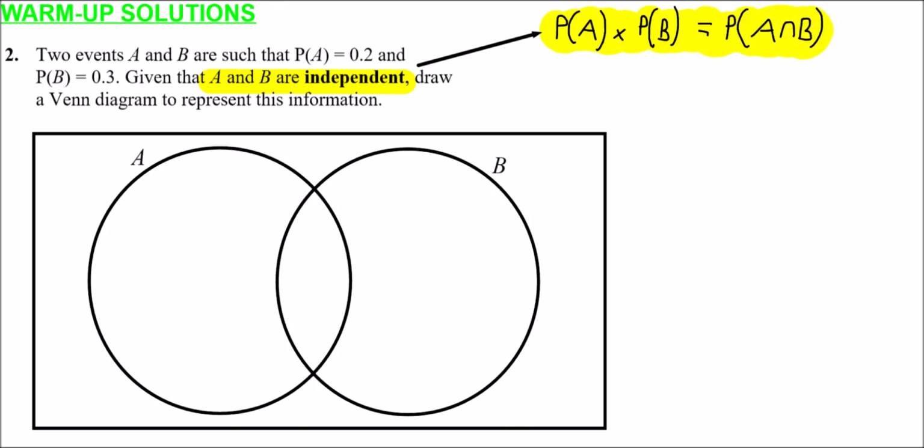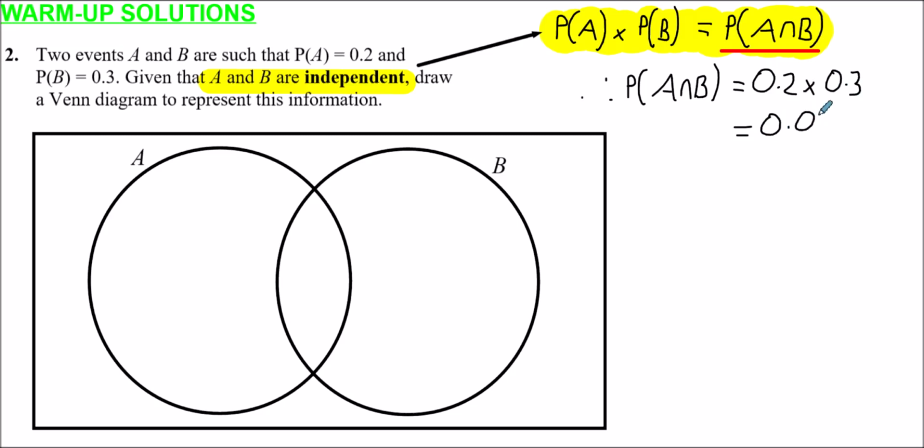So we now know the probability of being A and B combined has to be the same as P(A) times P(B). So the probability of being in the intersection of A and B, this overlapping part here, is going to be the probability of A, which is 0.2, multiplied by the probability of B, which is 0.3. So 0.2 multiplied by 0.3 will give us 0.06.